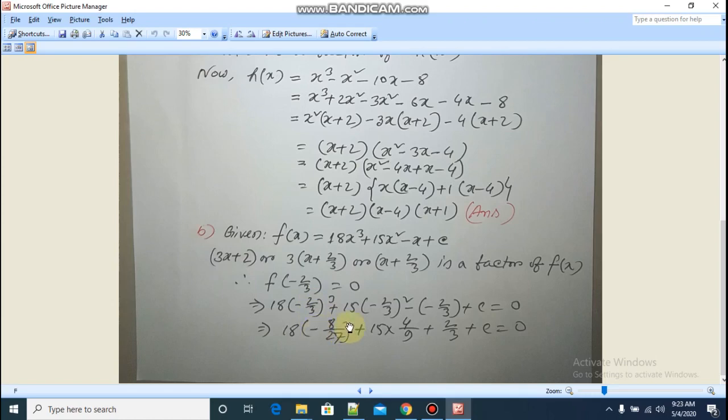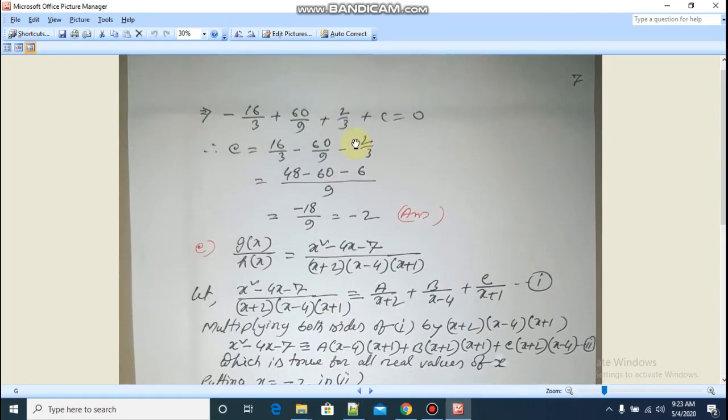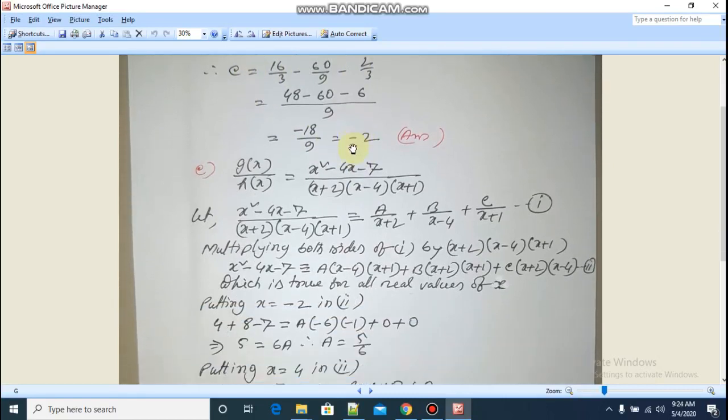In the case of an odd power, the minus is unchanged. After calculating, we get c equal -2. This is the answer.